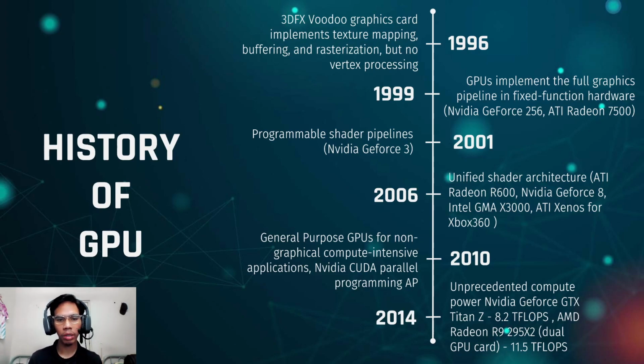In 2001, the programmable shader pipeline was added in the NVIDIA GeForce 3. After that, it was developed with a unified shader architecture in the ATI Radeon R600, NVIDIA GeForce 8, Intel GMA X3000, and ATI Xenos in Xbox 360 in 2006.